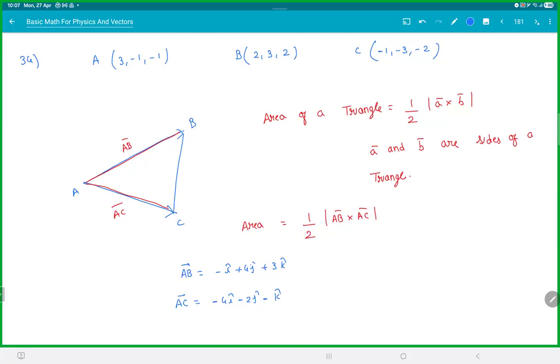It's the mod of AB bar cross AC bar. Okay, let's see. Why are you guys struggling so much with this?